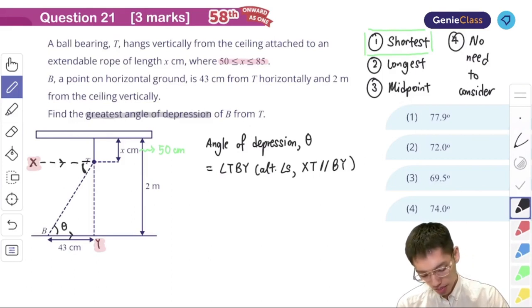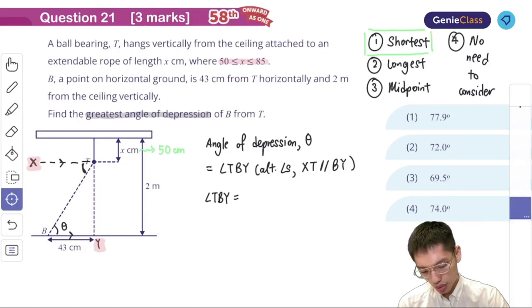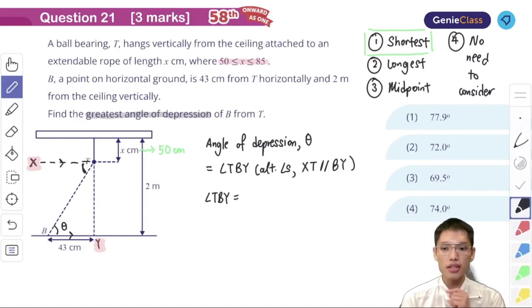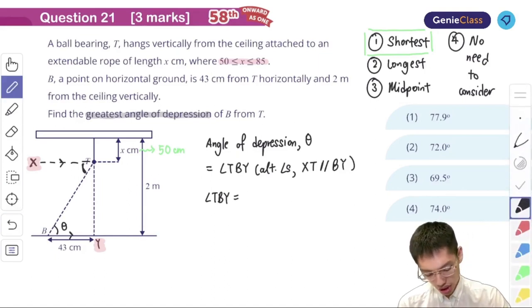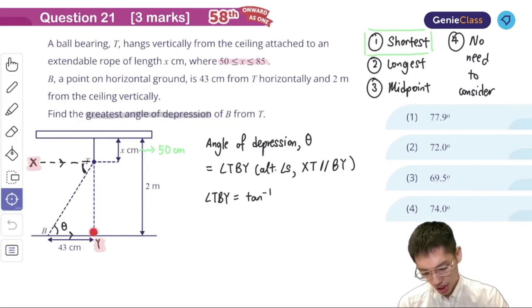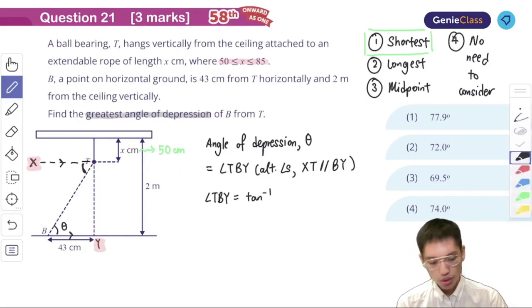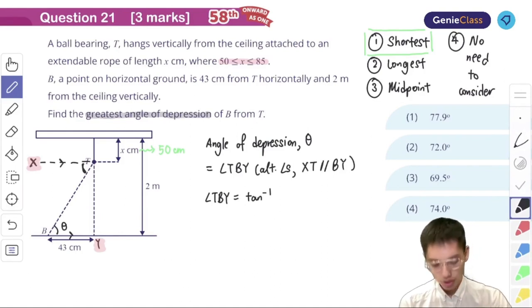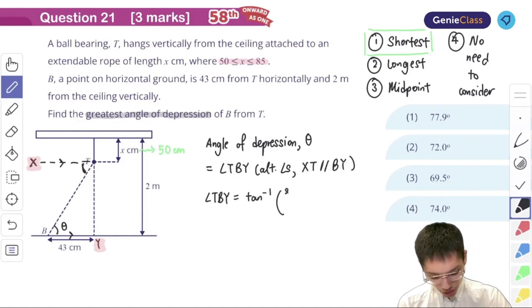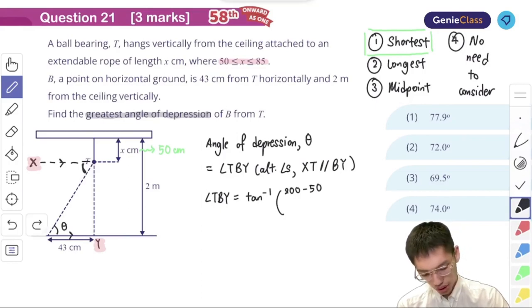Next up, what happens? TBY. Once we have that, you realize the whole rope is 2 meters, but units is in cm. So you have to take note, this is actually tangent inverse, opposite over adjacent. So that is why in this case, it is going to be 200 minus 50 divided by 43.